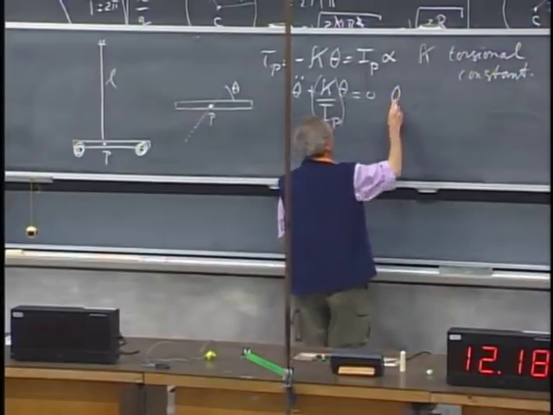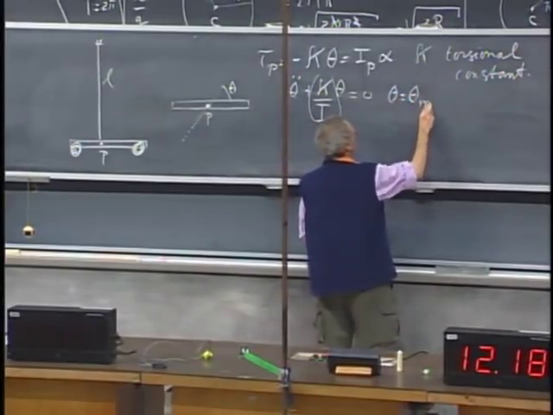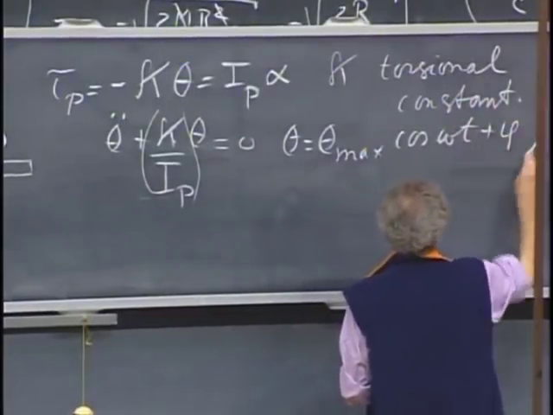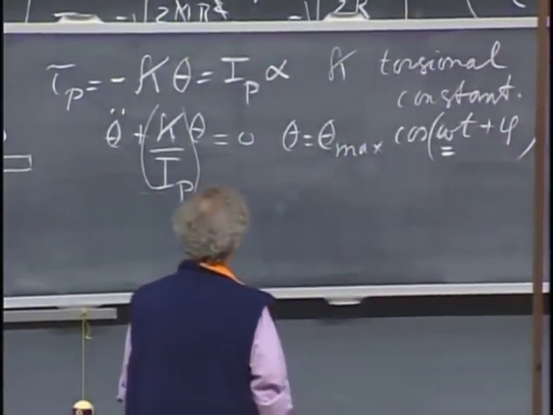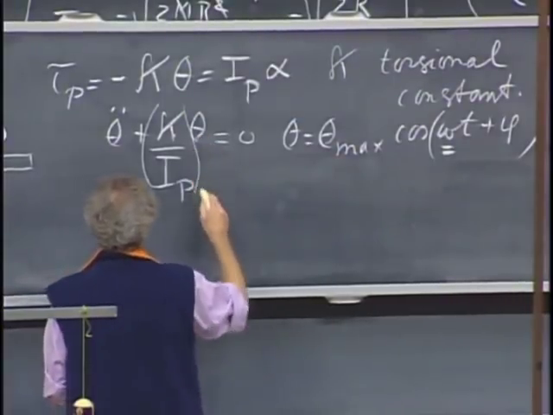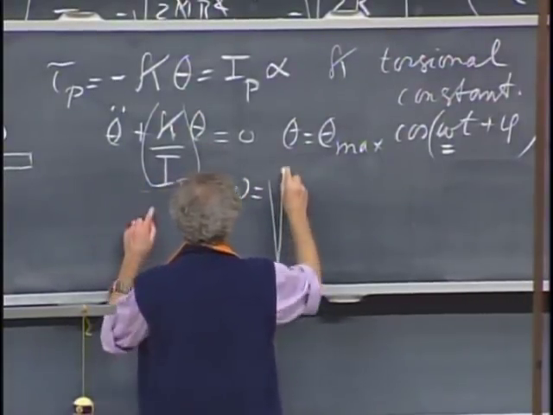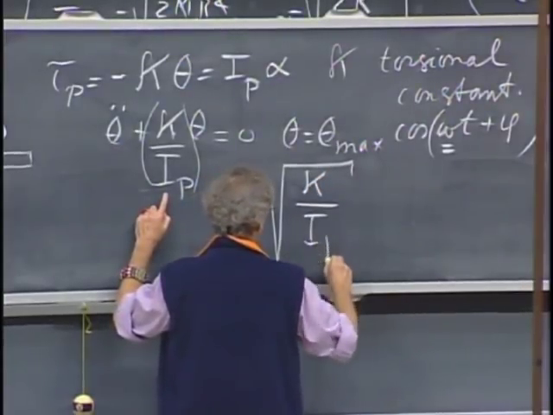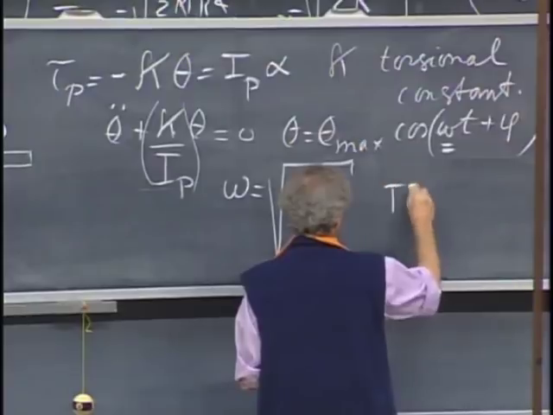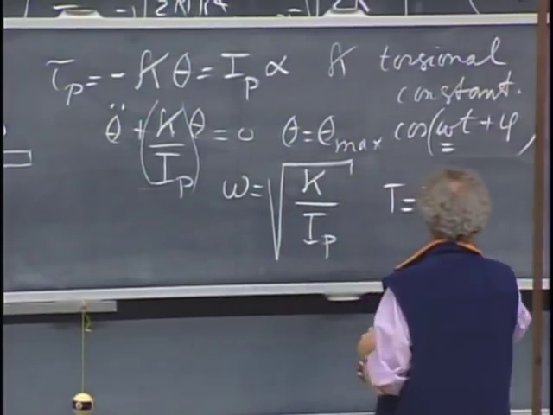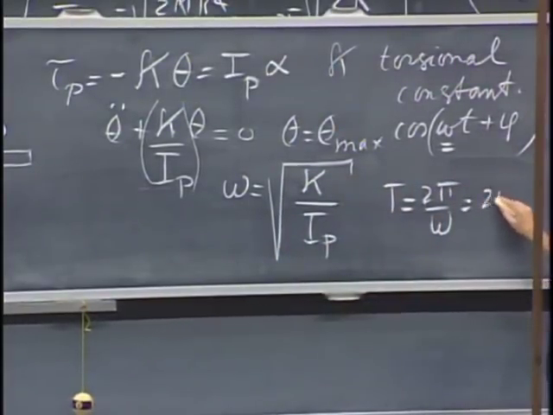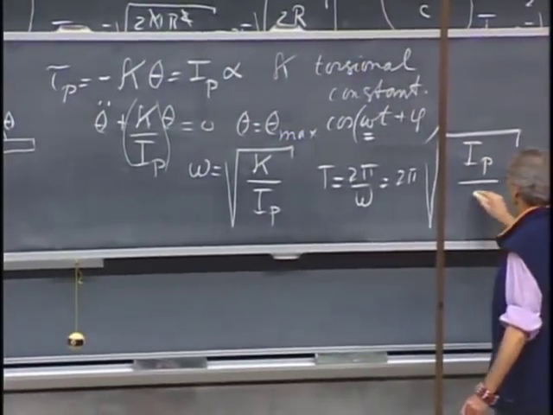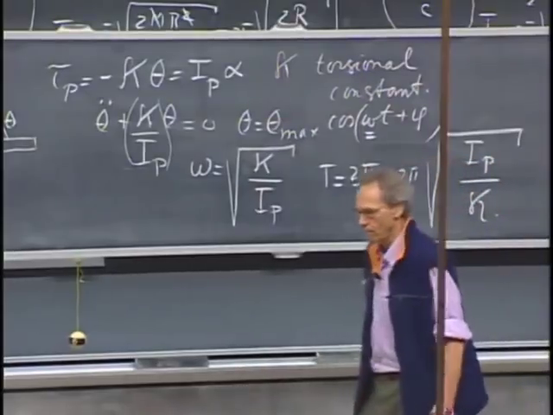And so you're going to get theta equals theta maximum times the cosine of omega t plus phi. It's getting boring. This is the angular frequency. And angular frequency is the square root of kappa divided by the moment of inertia about point P. And therefore the period, which is 2 pi divided by omega, equals 2 pi times the square root of the moment of inertia about point P divided by kappa.